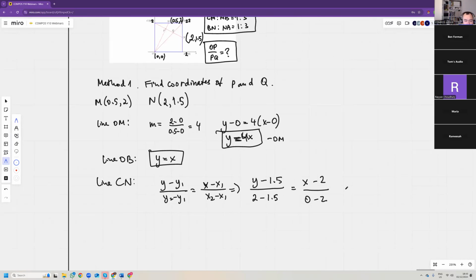Okay. So from here, y minus 1.5 over 0.5 equals x minus 2 divided by minus 2.